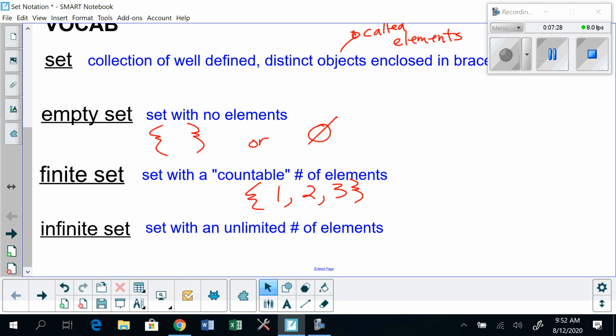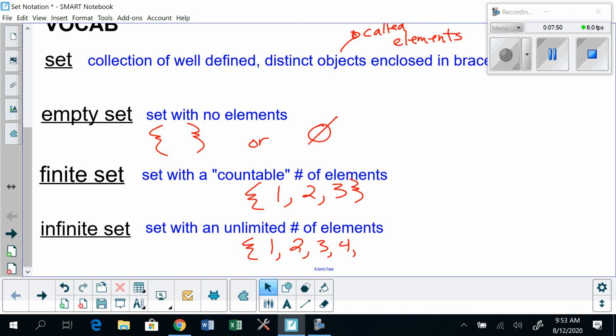For an example of this, what if I said list all of the integers or whole numbers greater than 0? And that infinite set would look like this. I'd start writing, I could write 1, 2, 3, 4. But if I had to list all of the whole numbers that are greater than 0, this list would continue forever.